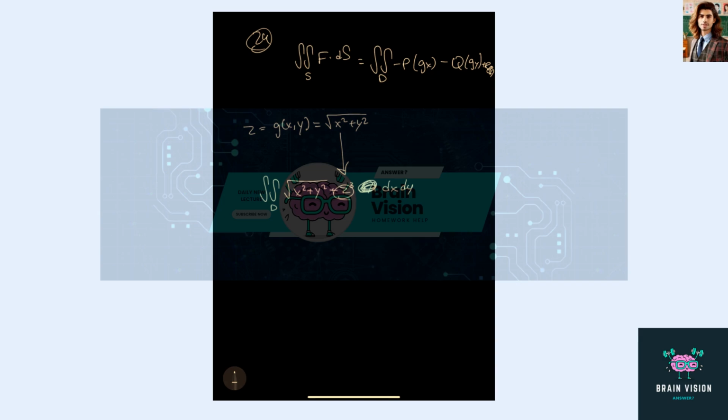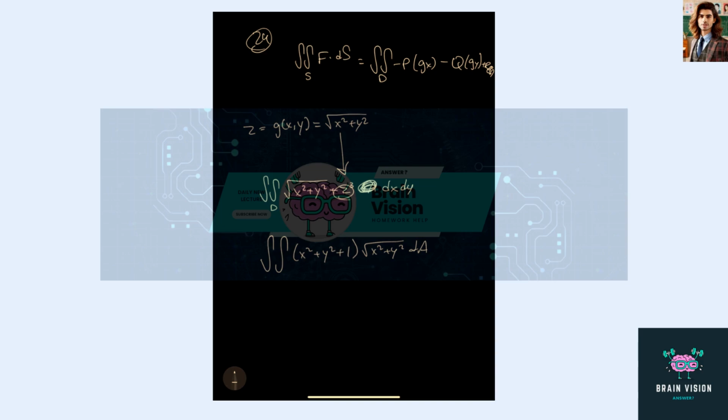and what we'll end up getting as a result when we substitute it is this double integral of x squared plus y squared plus 1 times the square root of x squared plus y squared dA.